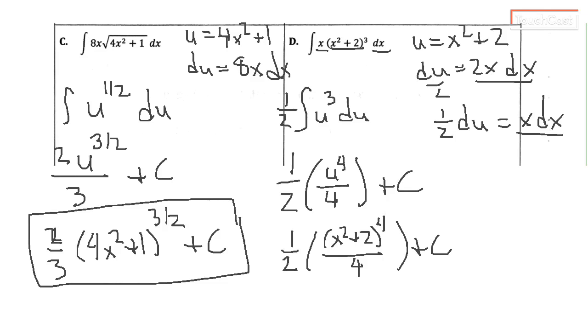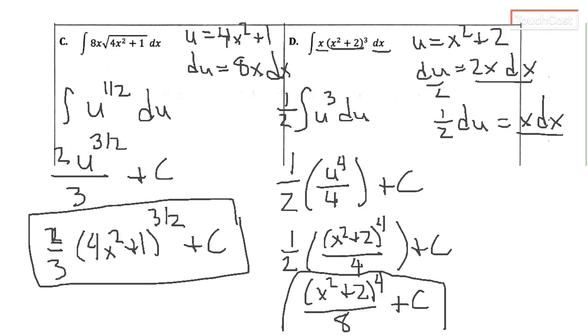I'm actually going to multiply the 1/2 into what I have in parentheses. 1 times x squared plus 2 to the 4th is just going to give me x squared plus 2 to the 4th, and then 2 times 4 is 8. And then I throw my plus c at the end, and we're done with example 1D.